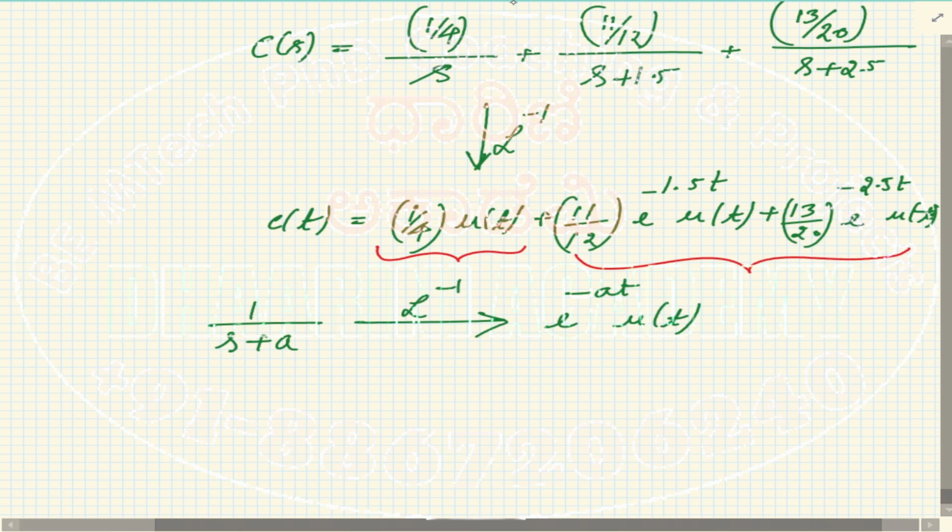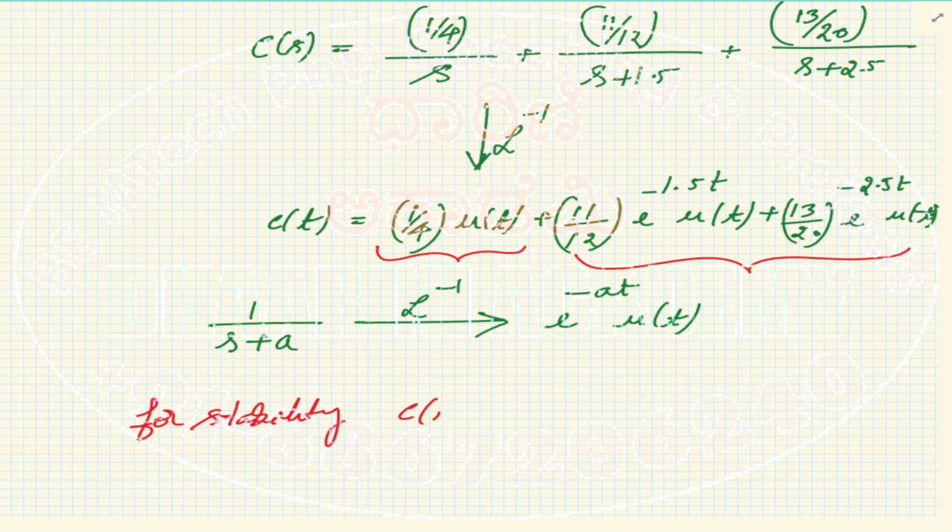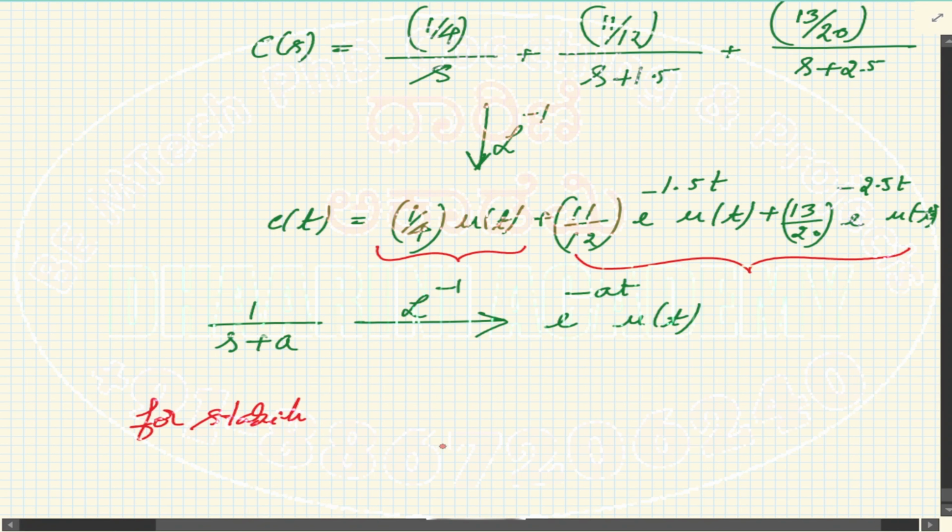Because for stability, I need to find this condition. What was the condition? Condition is you apply the limit. Correct. Limit t tends to infinity. I should find what happens to the c of t. This should be less than infinity.